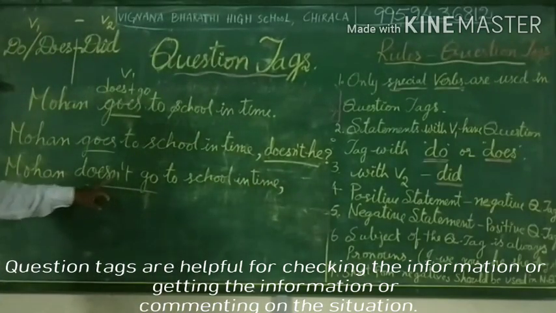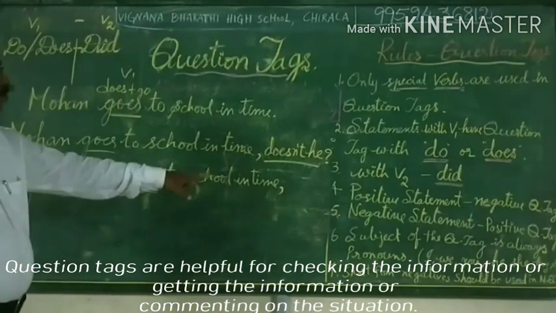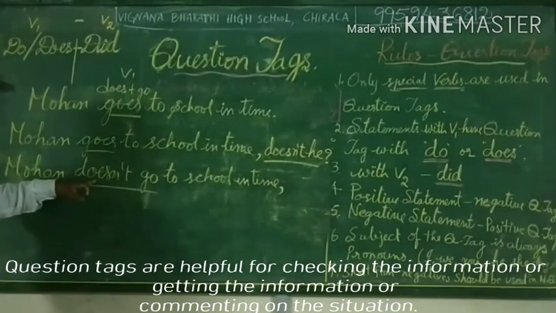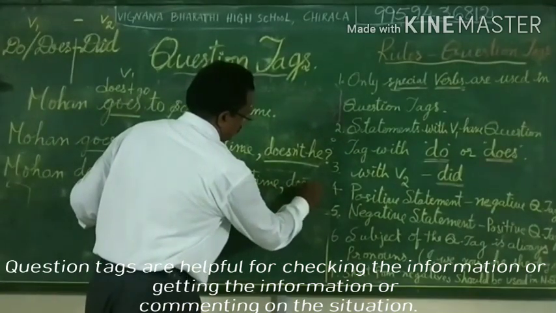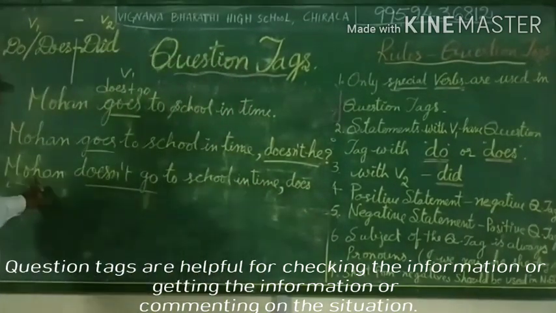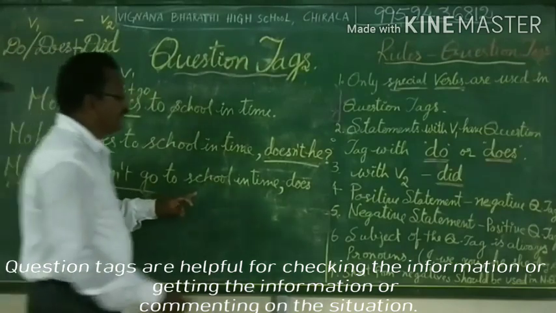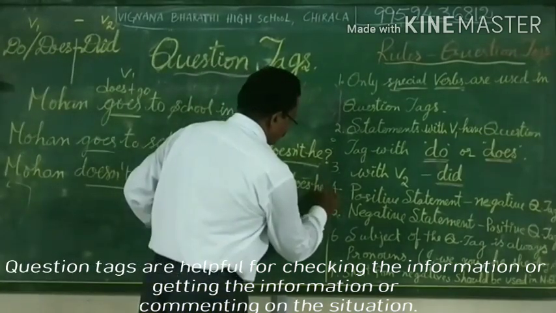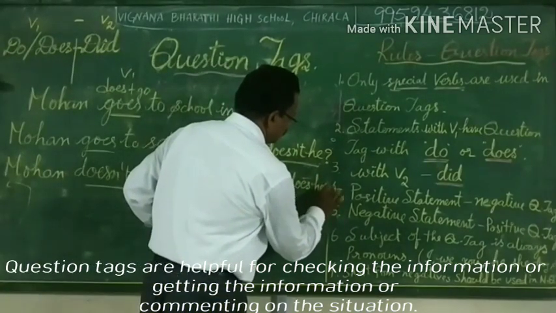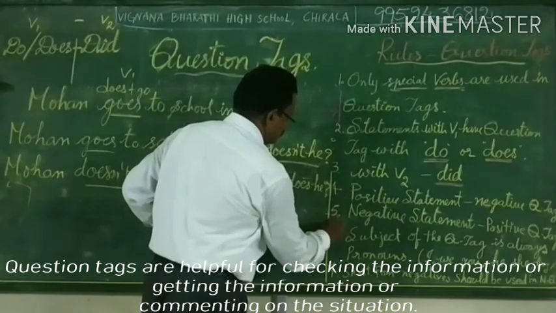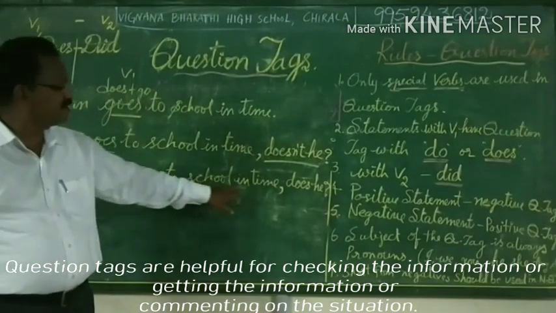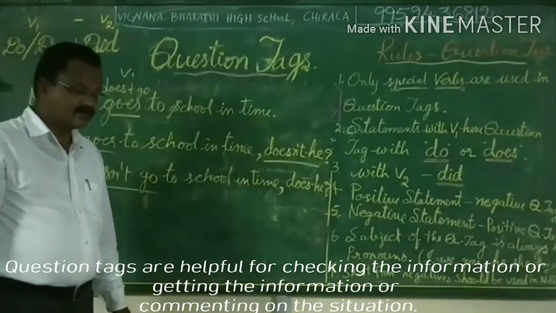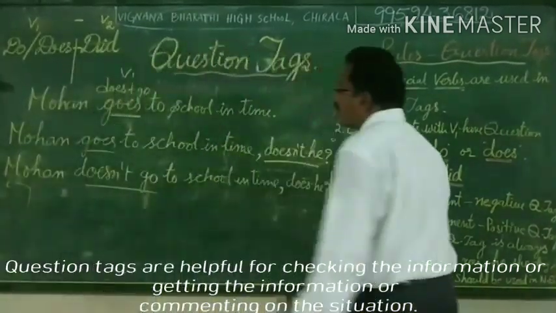The statement is negative. Negative statement, does not go. So already we found here the special verb does. Mohan is a boy. That is why he, question mark. Mohan does not go to school in time.